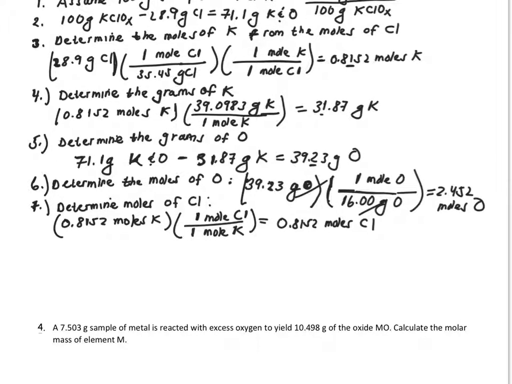Okay, so now we're going to divide by the smallest number of moles. We have K, 0.8152 moles. Cl, which is 0.8152 moles.